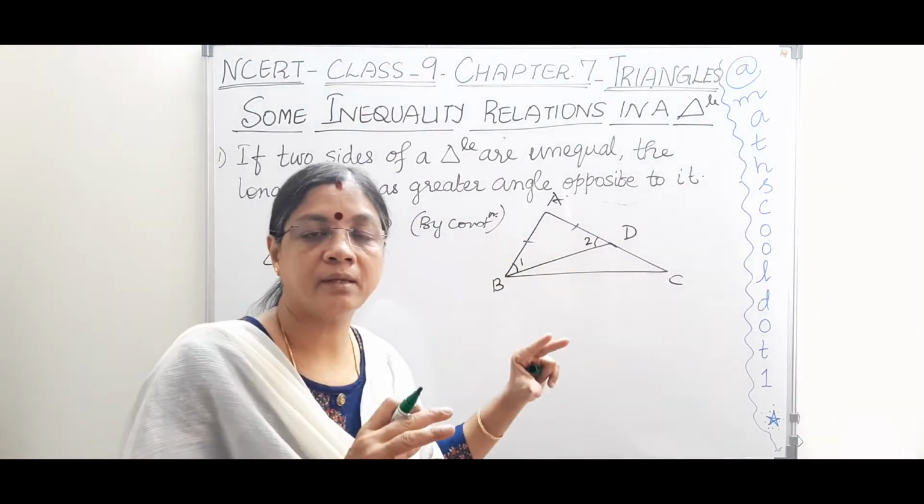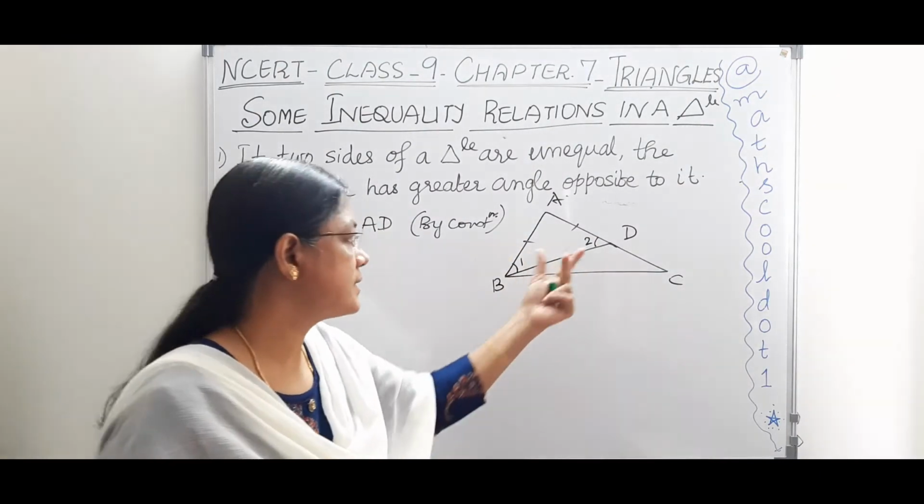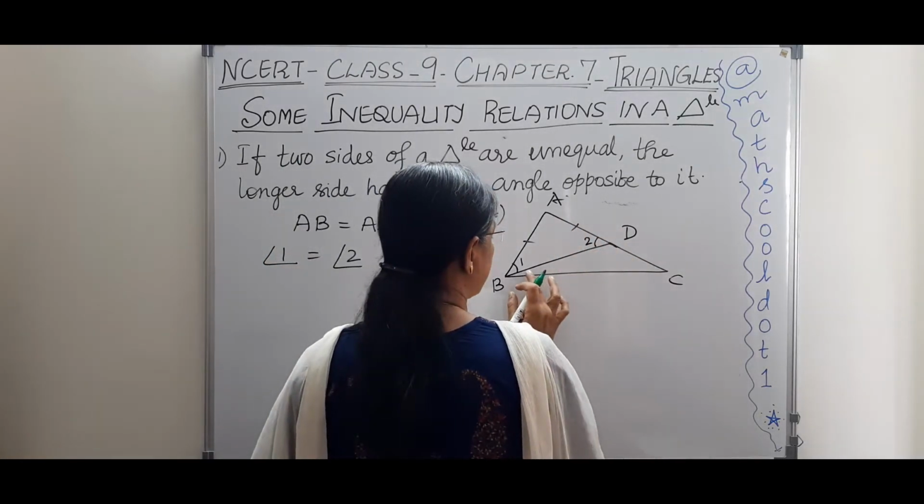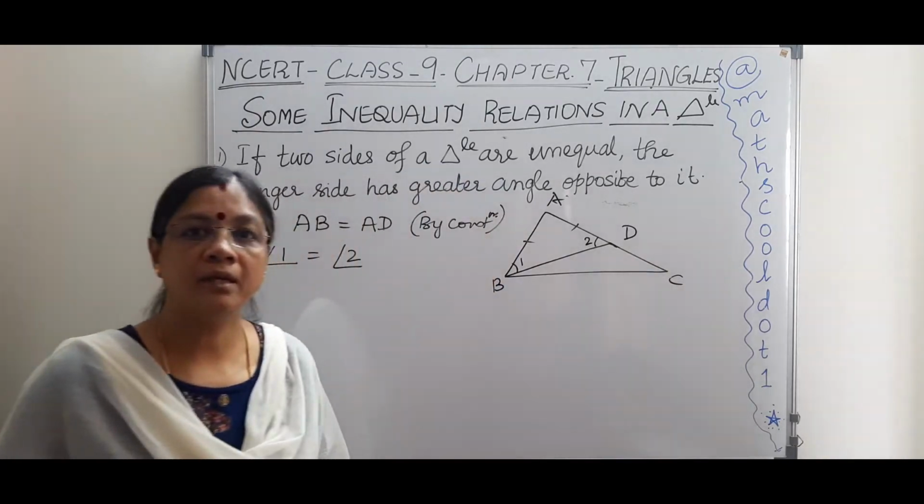What is the property of an exterior angle? The exterior angle is equal to the sum of the interior opposite angles.